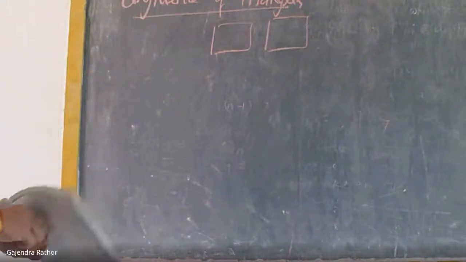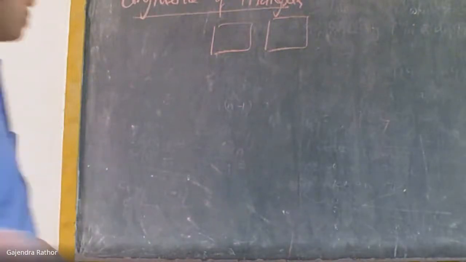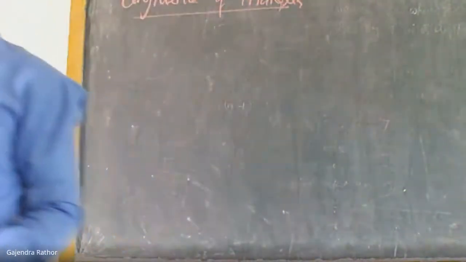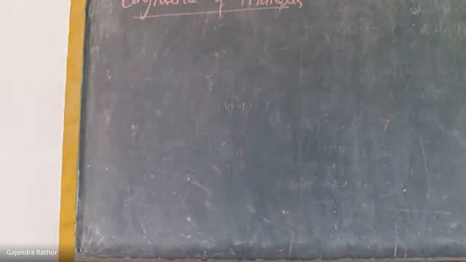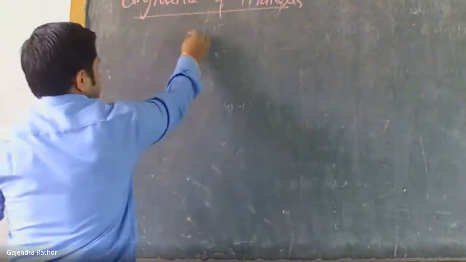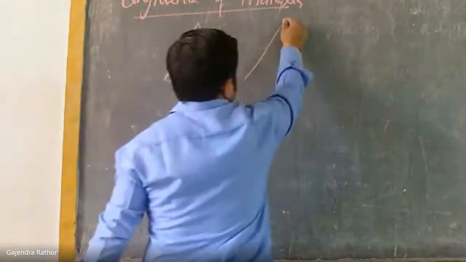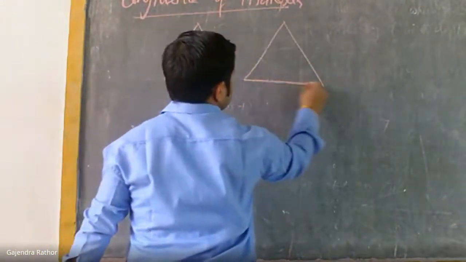Okay, so let's draw two triangles. This is the first triangle. This is the second triangle.